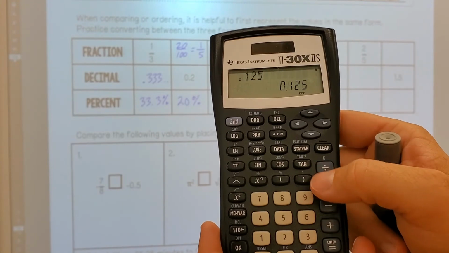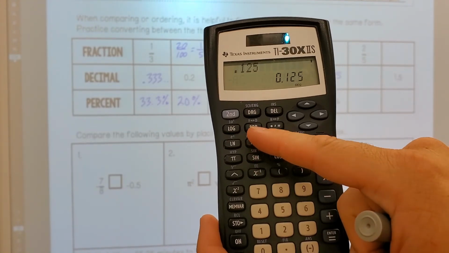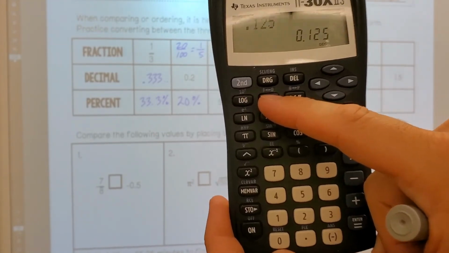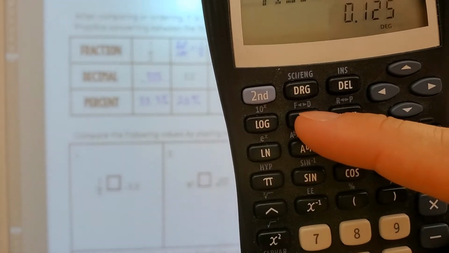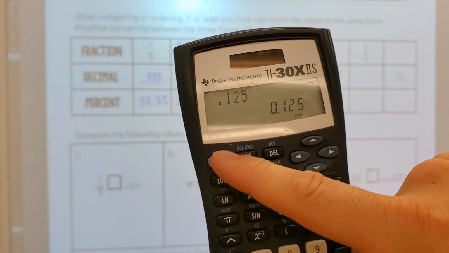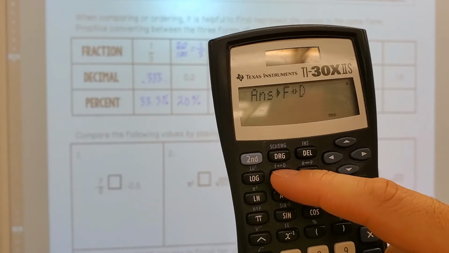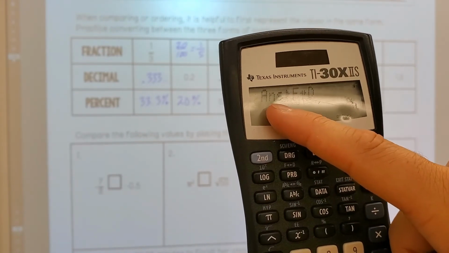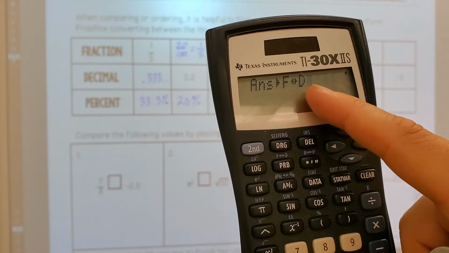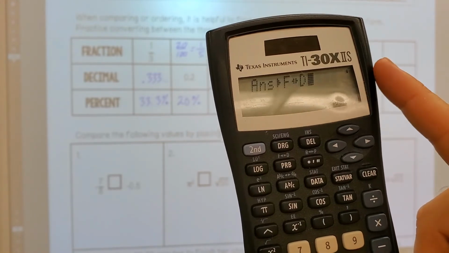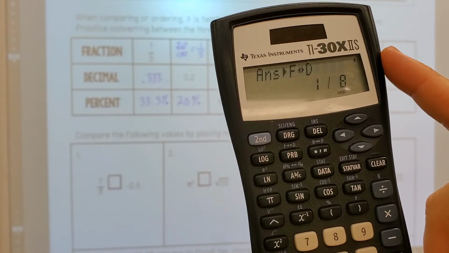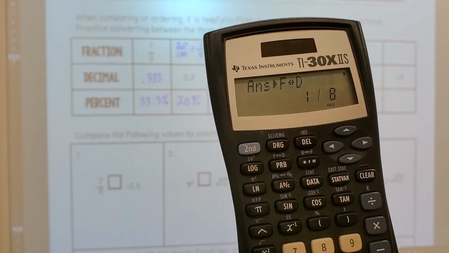Right up here, it's different places on different calculators, you can see that F, arrow, arrow, D. So I hit the second function because it's above it, and it shows up on my screen. F arrow arrow D, that goes from fractions to decimals and back and forth. I hit enter, and I get 1/8.